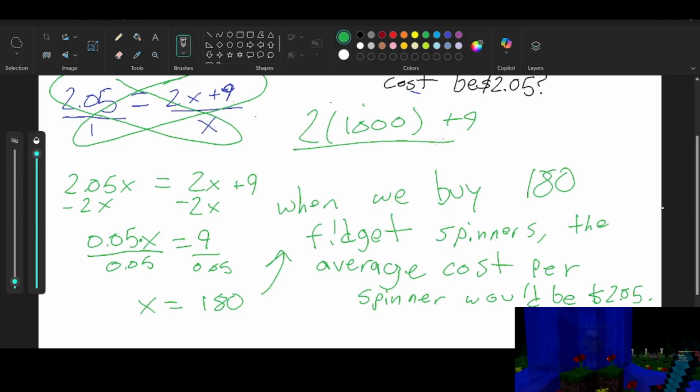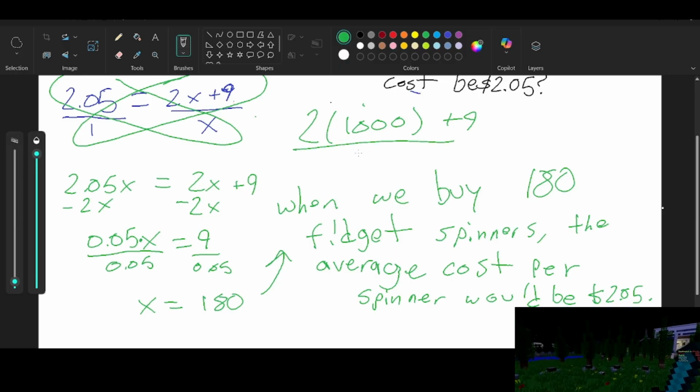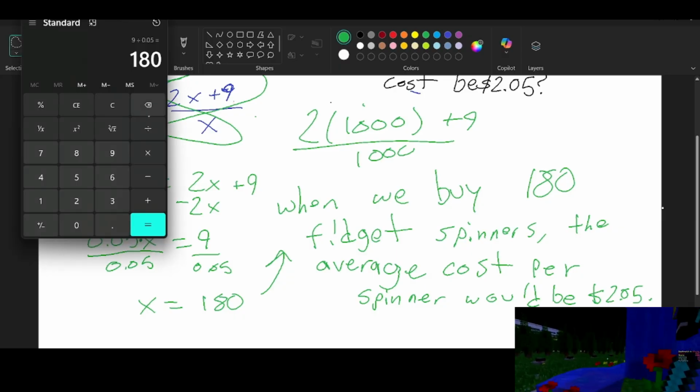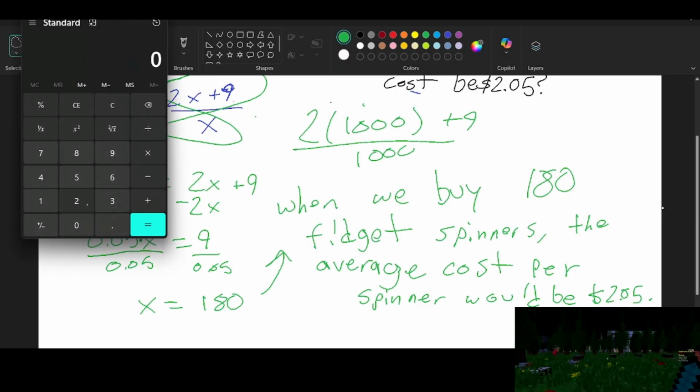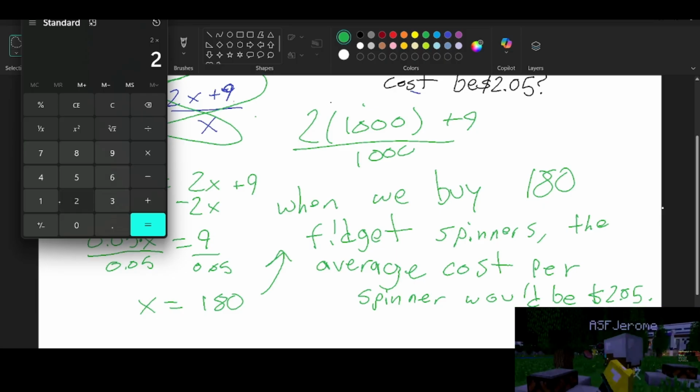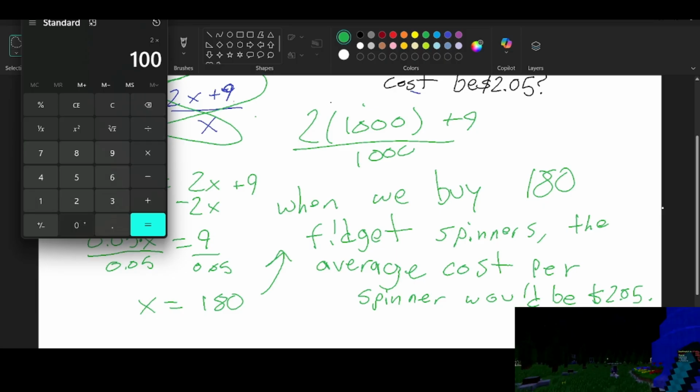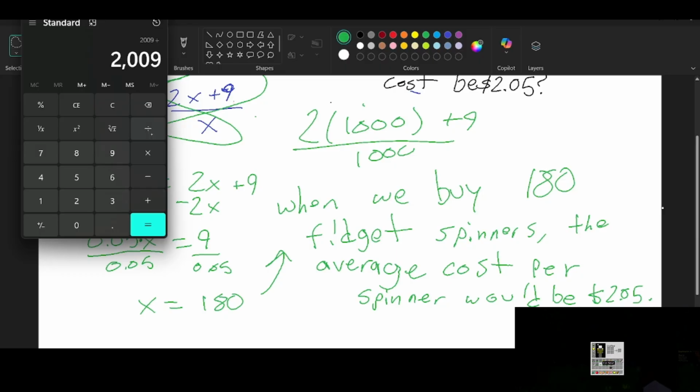I do 2 over 1,000 plus 9 divided by 1,000. Open up my calculator again. I do 2 times 1,000 plus 9 divided by 1,000. I get 2.009.